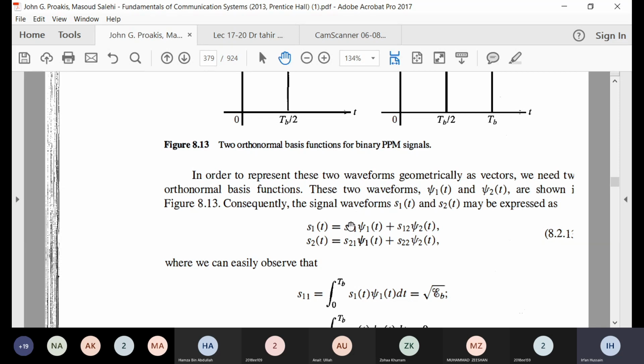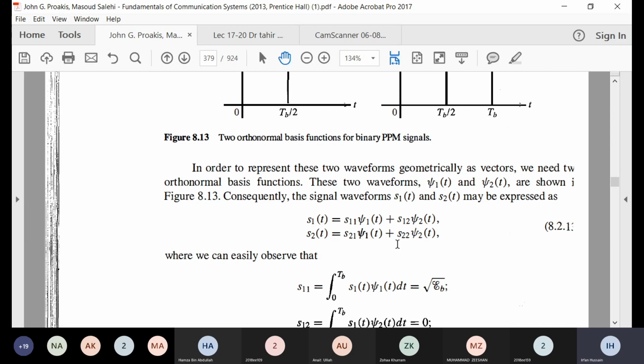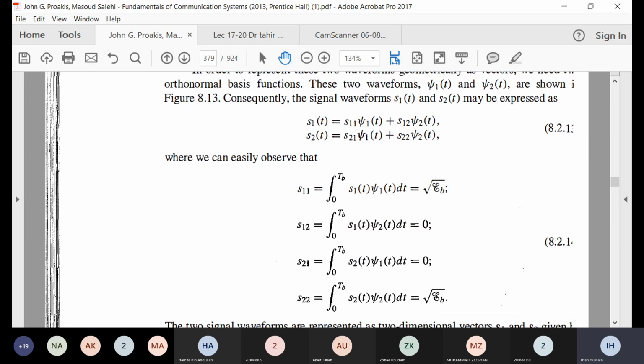And you can calculate all these factors. Two of them will be zeros, only S1 and S2 will exist, and it comes out to be under root EB. The rest of them will be 0 because they are orthogonal. S1 is psi 1, which is orthogonal to S2, and S2 is psi 2, which is orthogonal to psi 1.